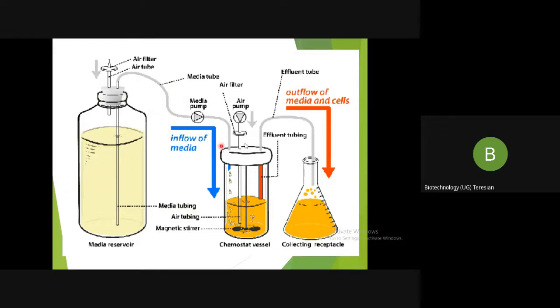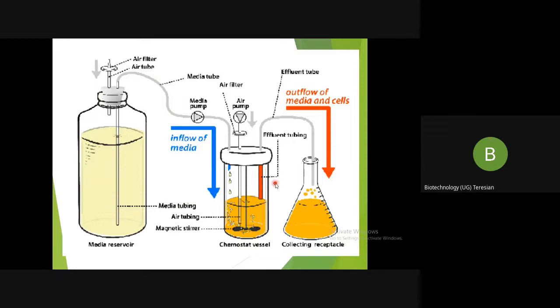You pass your media into the fermenter, and this is a vessel which collects your effluents. In steady state, the formation of new biomass, that is the microorganism, is equivalent to the loss of cells from the vessel.